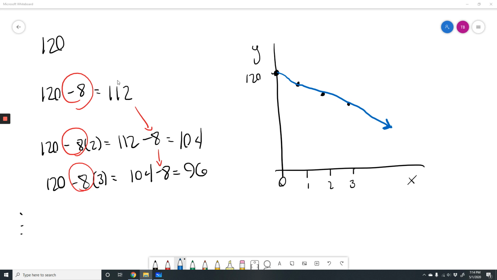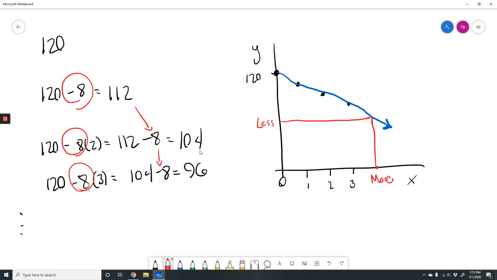So that's saying that if we have more days, we have less waste.